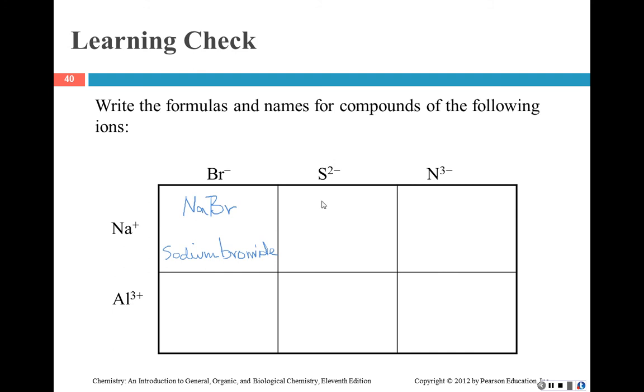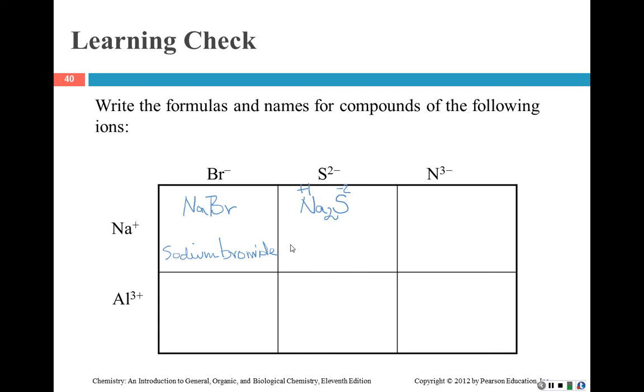This one's going to be sodium and sulfur. Sulfur is a -2, sodium is a +1, so if you remember from our other lesson, that formula would be Na2S. That gives us 2 pluses and 2 minuses.